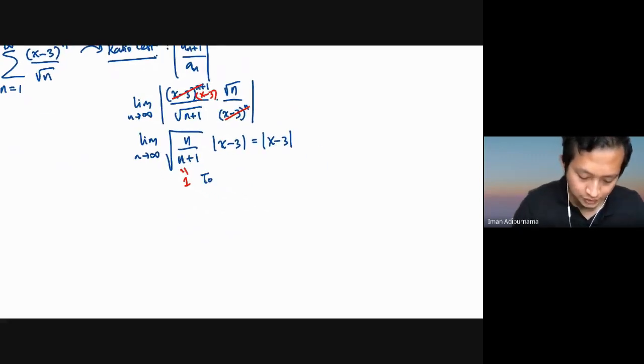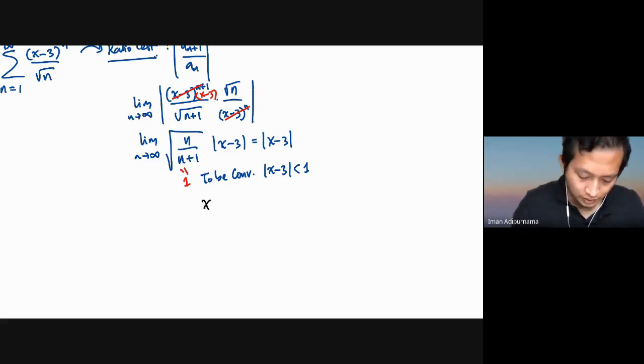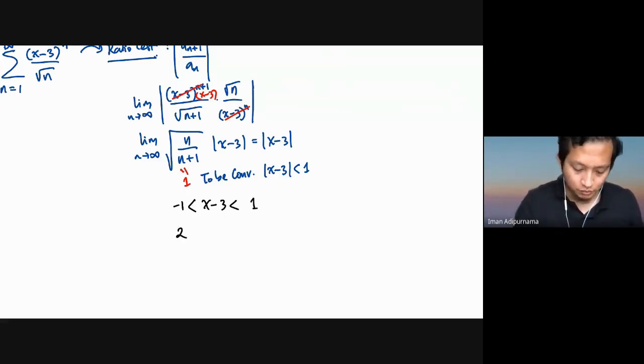To be convergent, this should be less than 1. So let's solve this.